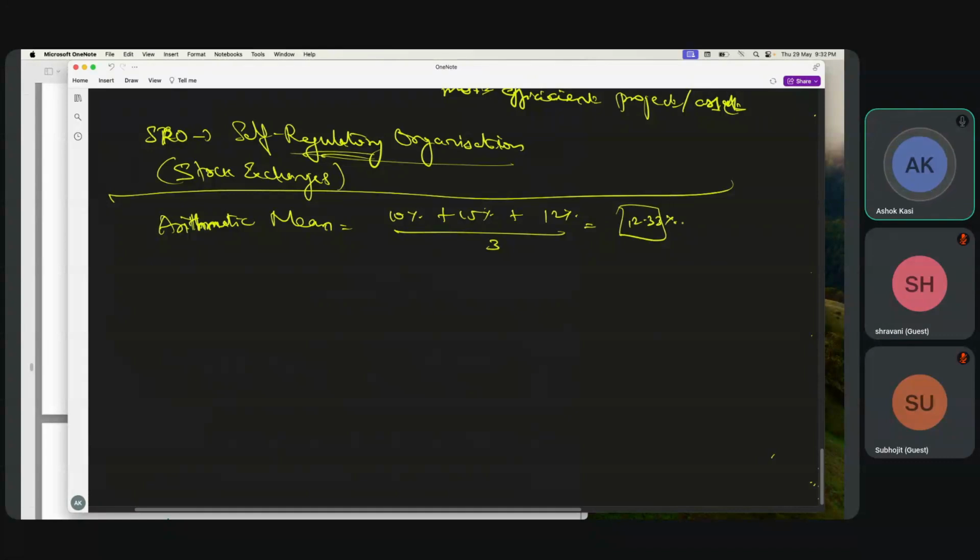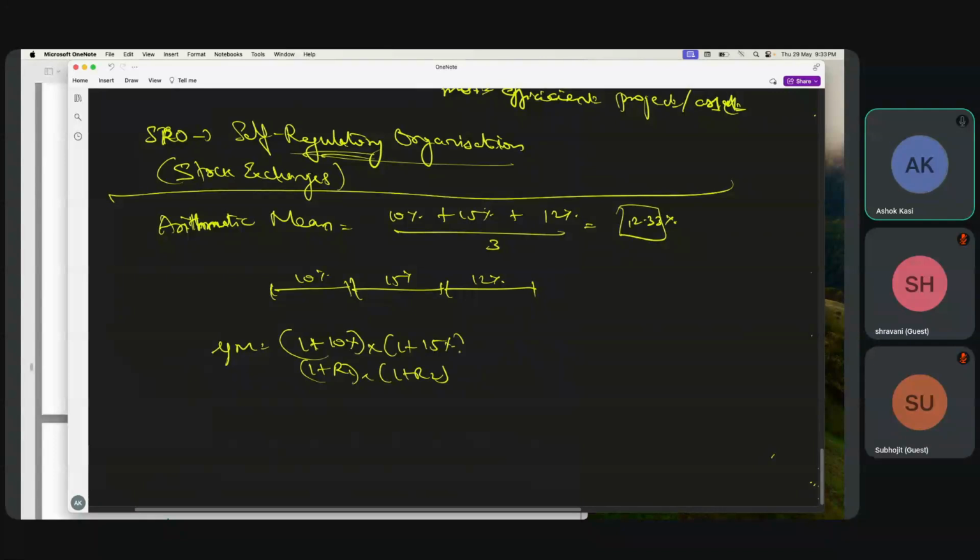12.33 percentage. Now if I want to calculate the geometric mean, how should I calculate? First year return 10 percentage, second year return 15 percentage, third year return 12 percentage. Geometric mean will be 1 plus R1 into 1 plus R2 into 1 plus R3, that is 1 plus 10 percentage, into 1 plus 15 percentage, into 1 plus 12 percentage.